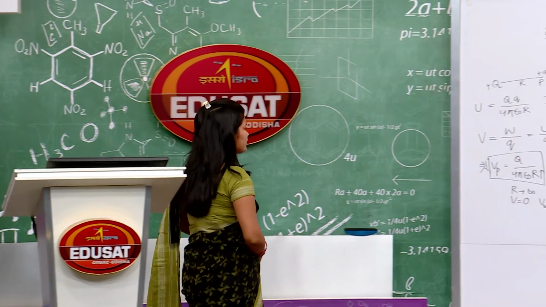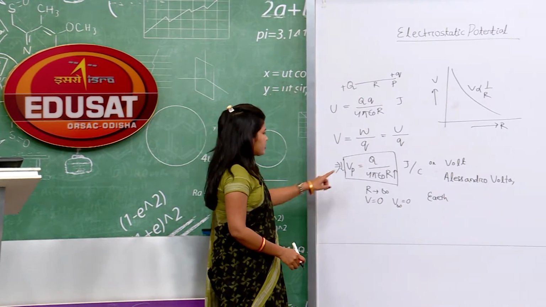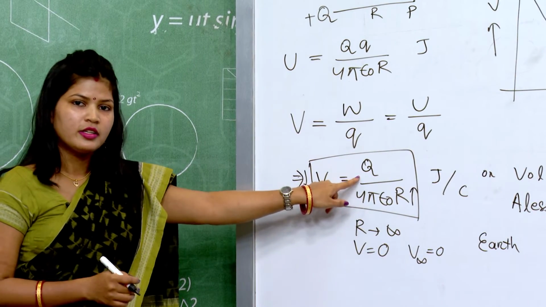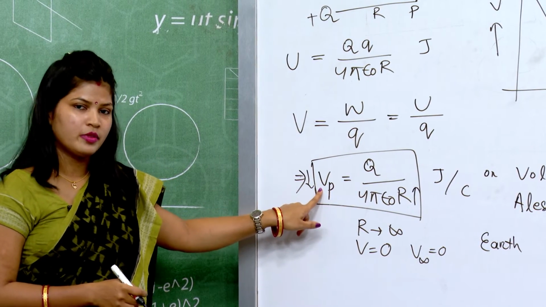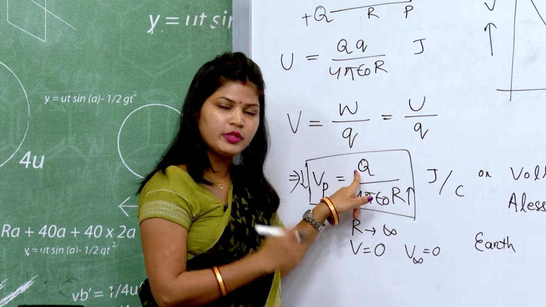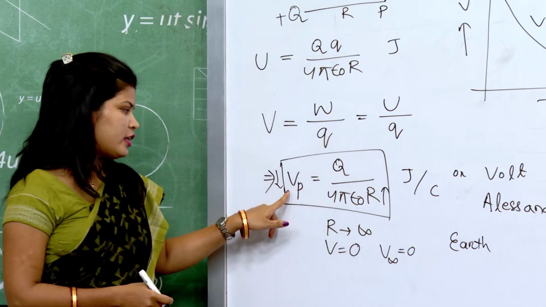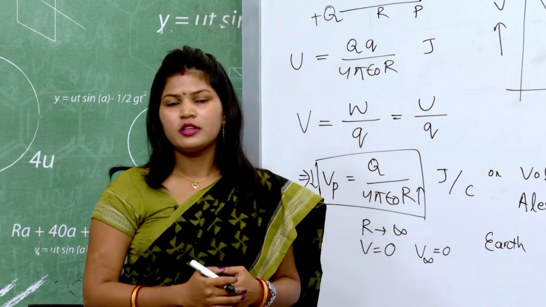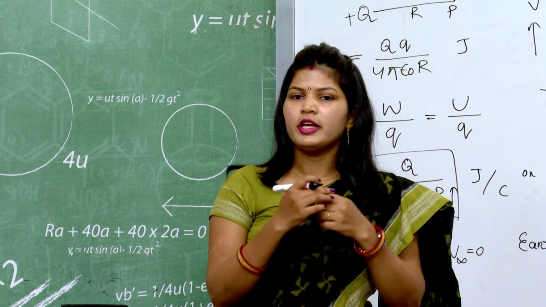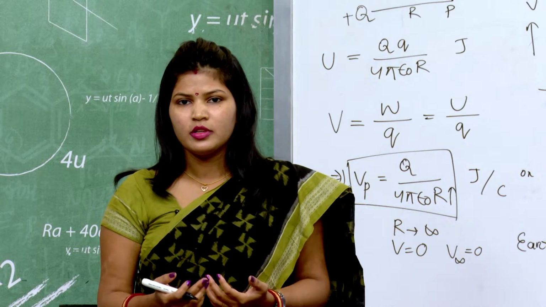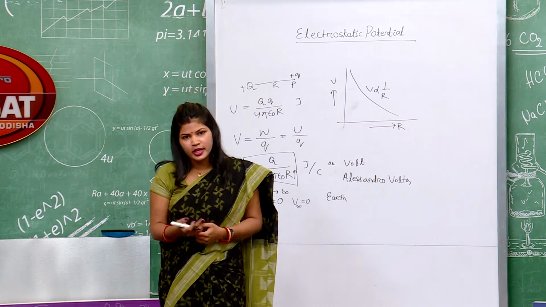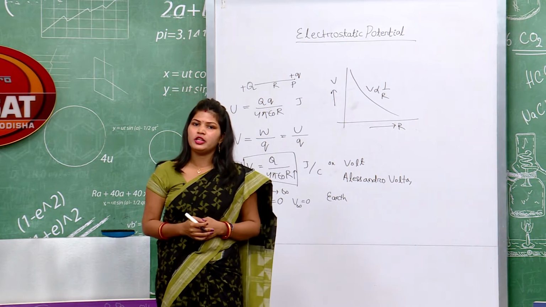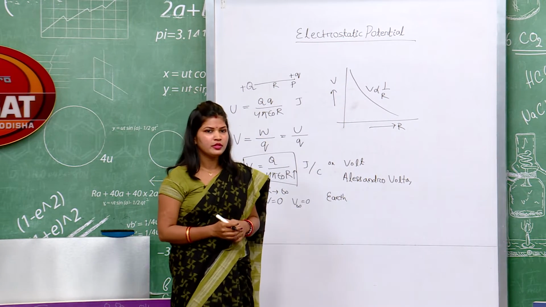So, students, if the charge q is positive, then in the space everywhere the potential is positive. If the charge q is negative, in the space everywhere the potential is negative. So, near the positive charges, the potential is positive, near the negative charges, potential is negative. So, electric potential can be negative also, and when you are very far away, then the potential is 0.